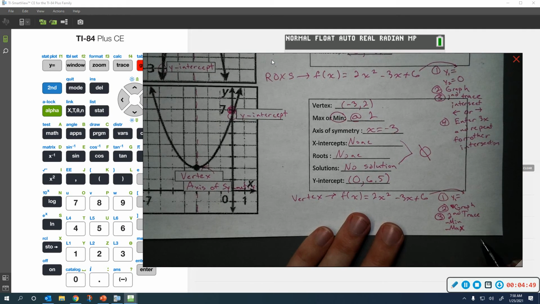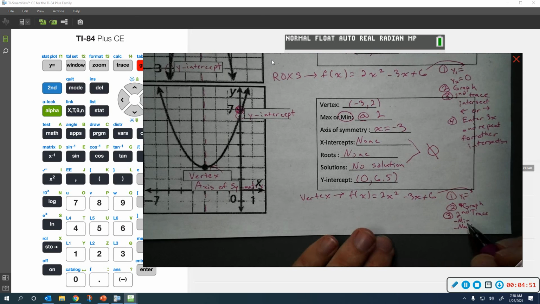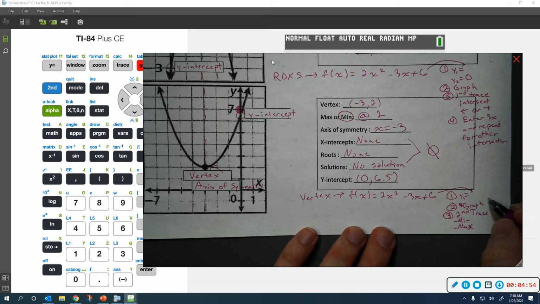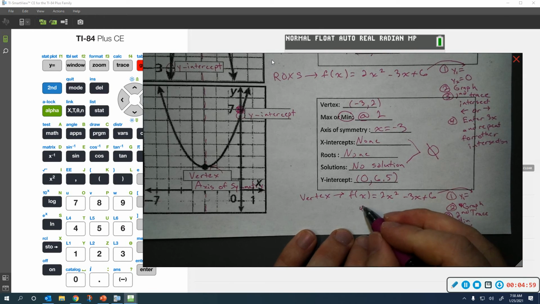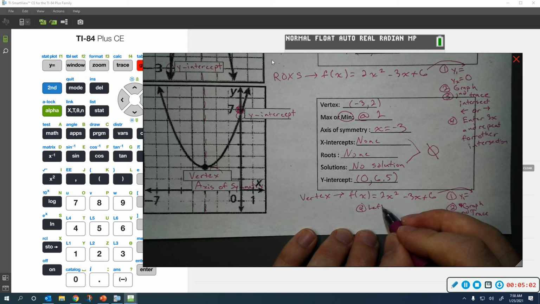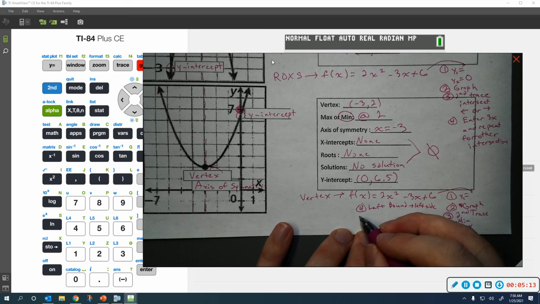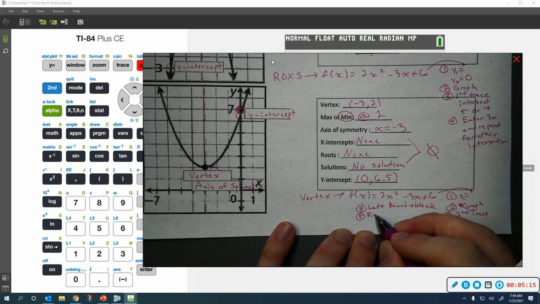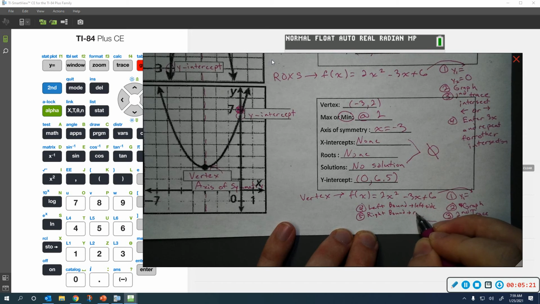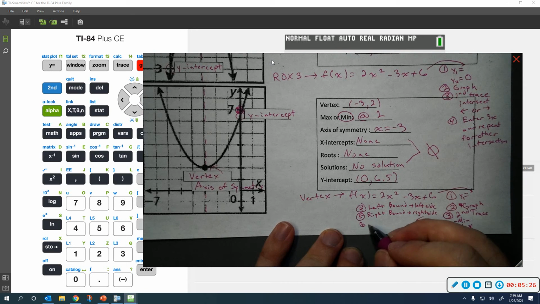After you find the min or max, our next step is, and I'm going to write it over here because I ran out of room, step 4: you go left bound, where you just go left of the vertex, or left side, right bound, right side, and then when it says guess, hit enter.